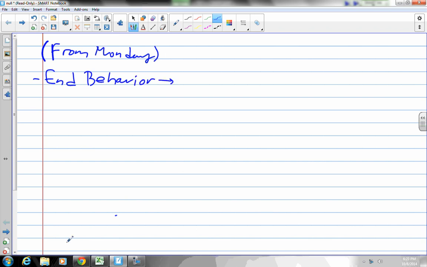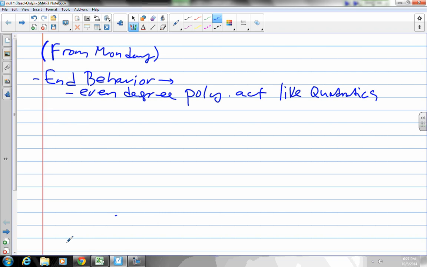Basically, even degree polynomials act like quadratics and odd degree polynomials act like cubics in the long run. So that's our little end behavior.